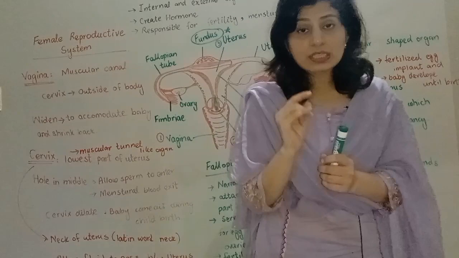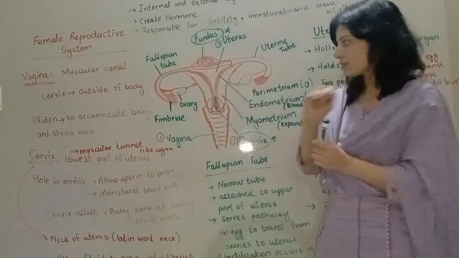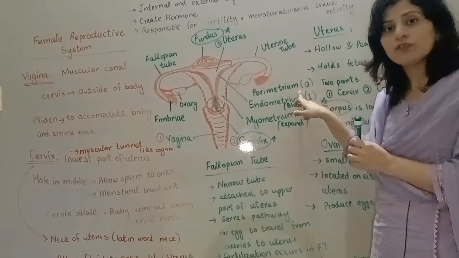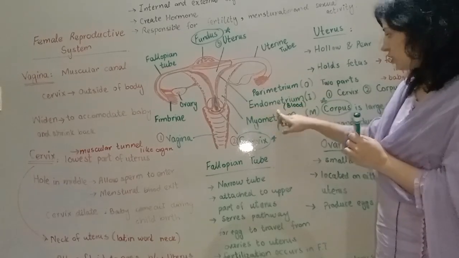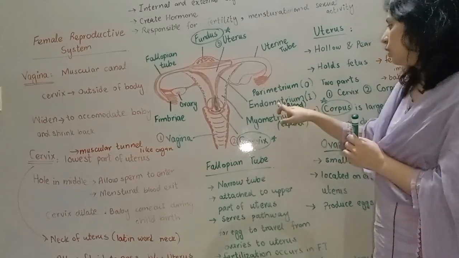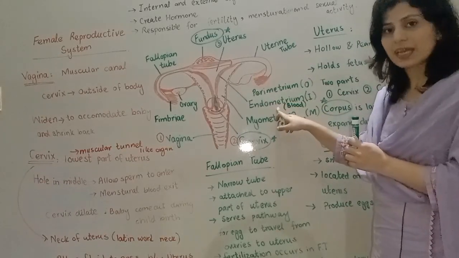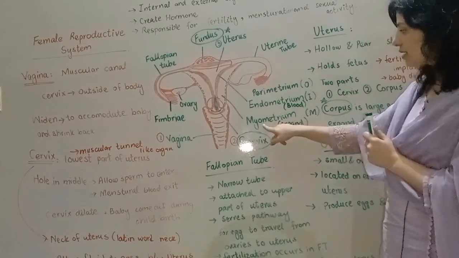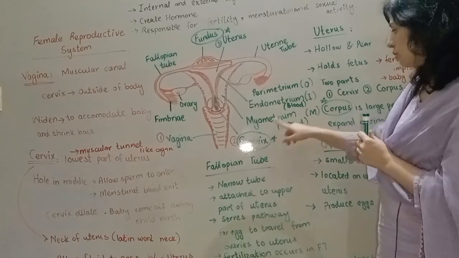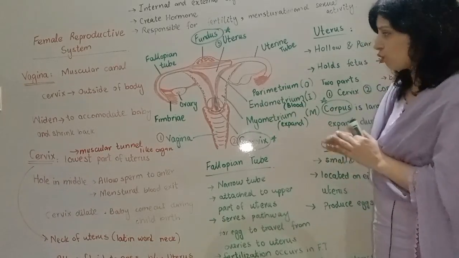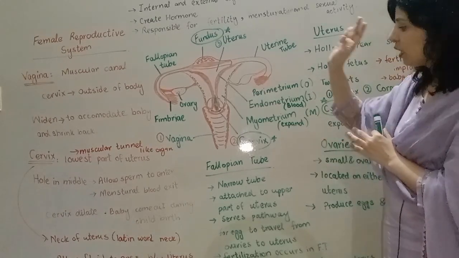There are three layers of the uterus. The perimetrium is the outer layer. The endometrium is the inner layer, which sheds during your menstrual cycle and is released as blood. And the last one is the myometrium, the middle layer, which expands during pregnancy. That's all about the three layers of the uterus.